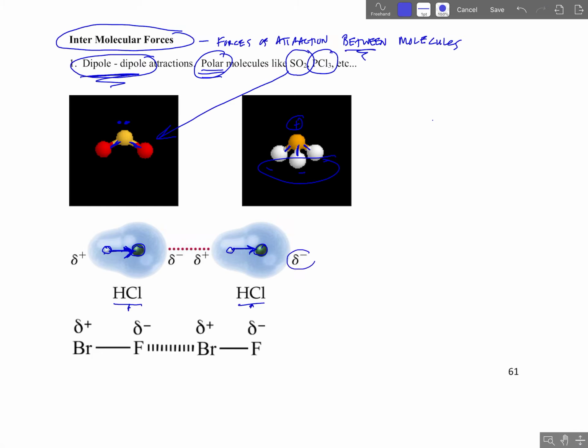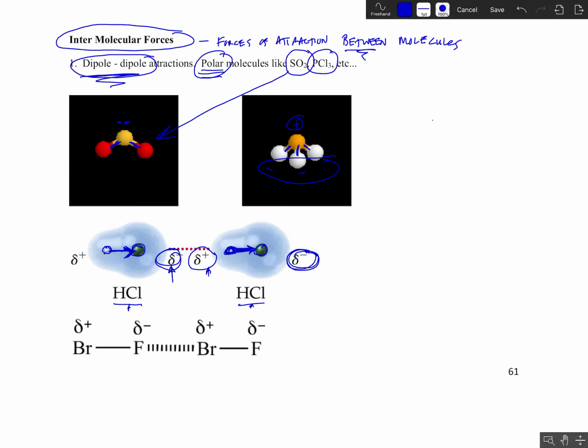As a result, the chlorines end up having more electrons than they have protons in this molecule, because that shared pair is spending more time around the chlorine atom, here and here. Well, as a result, isn't it spending less time around the hydrogen atom? And wouldn't that give hydrogen, with fewer electrons, a positive charge for part of the time, and the chlorine a negative charge for part of the time?